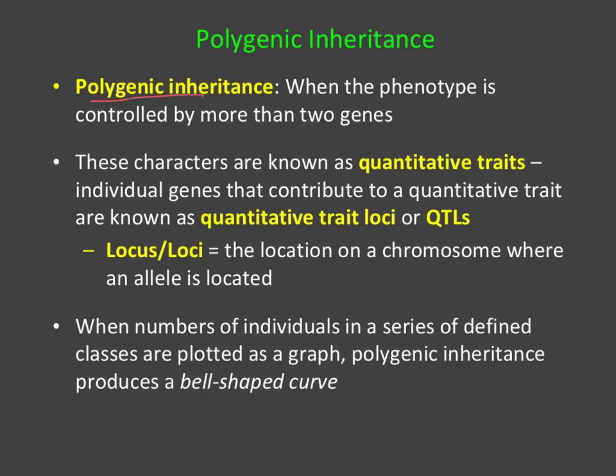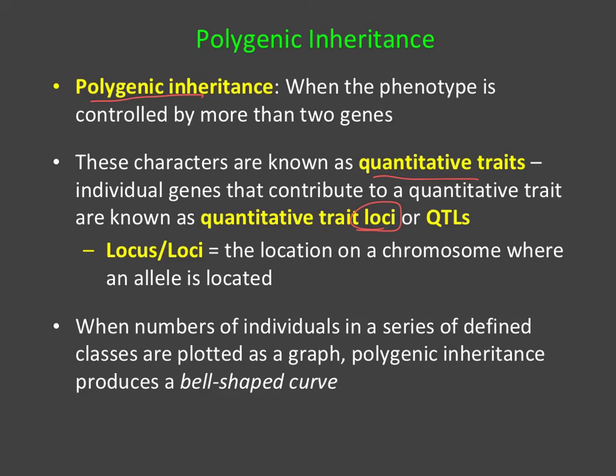So in polygenic inheritance, there are multiple genes that work together to make certain proteins that then make a phenotype. They're called quantitative traits, which means you have multiple loci, so multiple places on the chromosome, that have to be expressed together to make a phenotype, right?